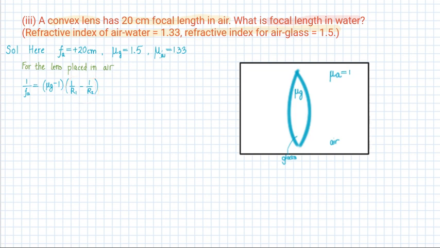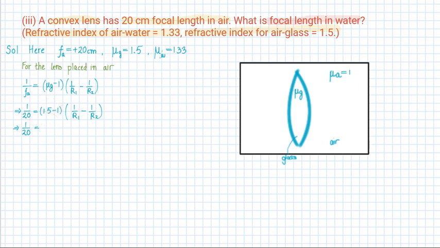Okay, so now in the question they have given f a equals 1 upon 20. Your refractive index of glass is 1.5, then minus 1, and then 1 upon R1 minus 1 upon R2. Fine. Now this 1 upon 20, let's keep it like this only. 1 upon 20 equals, how much is 1.5 minus 1?